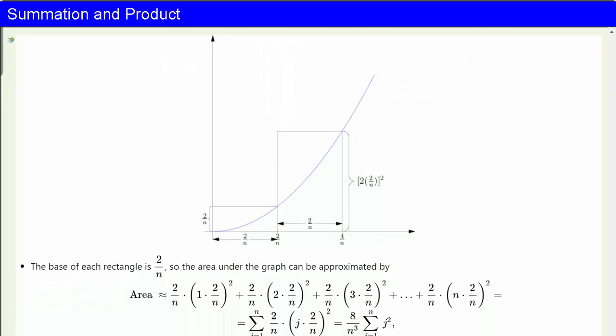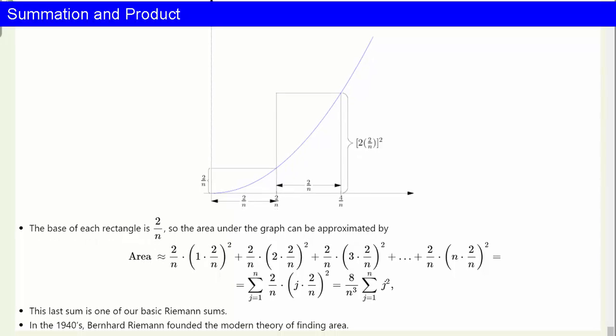Now that we know the heights, we notice that the base of every rectangle is, of course, 2 over n. So the area under the graph can be approximated by the sum of the areas of the rectangles. The area under the graph is approximately 2 over n times the square of 2 over n, that's x1 squared, plus 2 over n times the square of twice 2 over n, plus 2 over n times the square of x3, which is 3 times 2 over n, and so on.